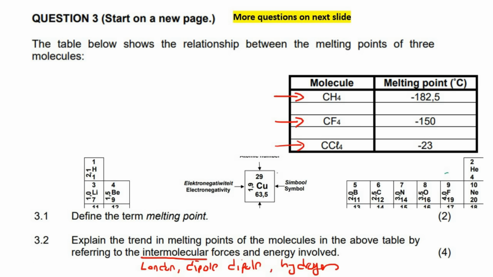Now, electrons are not perfectly standing still. They are constantly moving, okay? So, what if for a few split seconds these electrons over here are a little bit to the left-hand side?